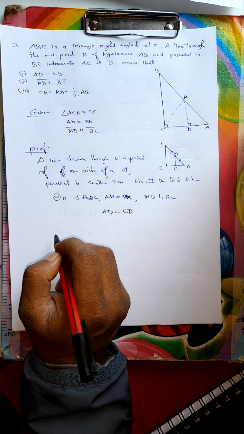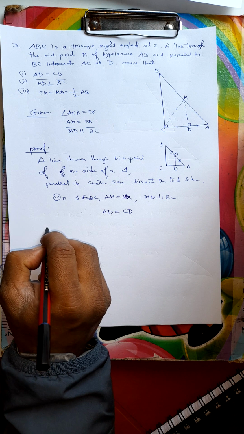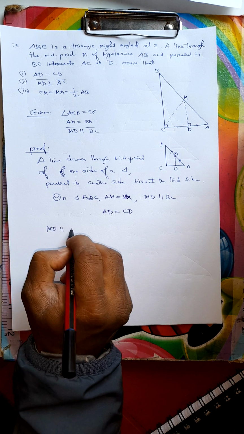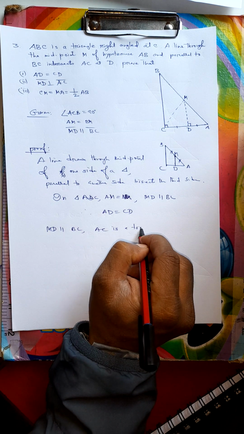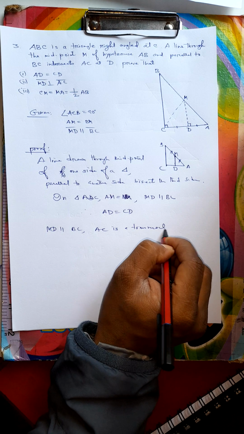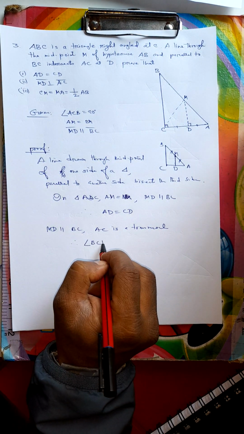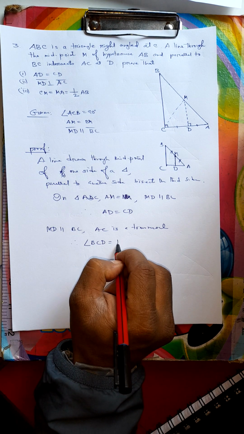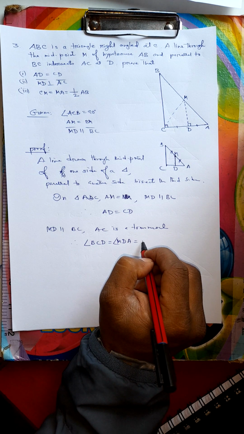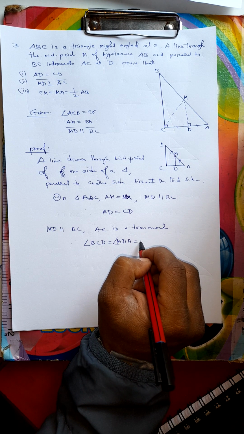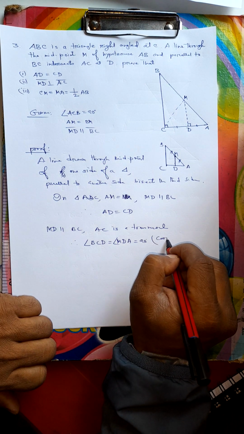AD equal to CD. Again you see MD is parallel to BC. AC is a transversal. Therefore, angle BCD equal to angle MDA equal to 90 degrees. They are corresponding angles.